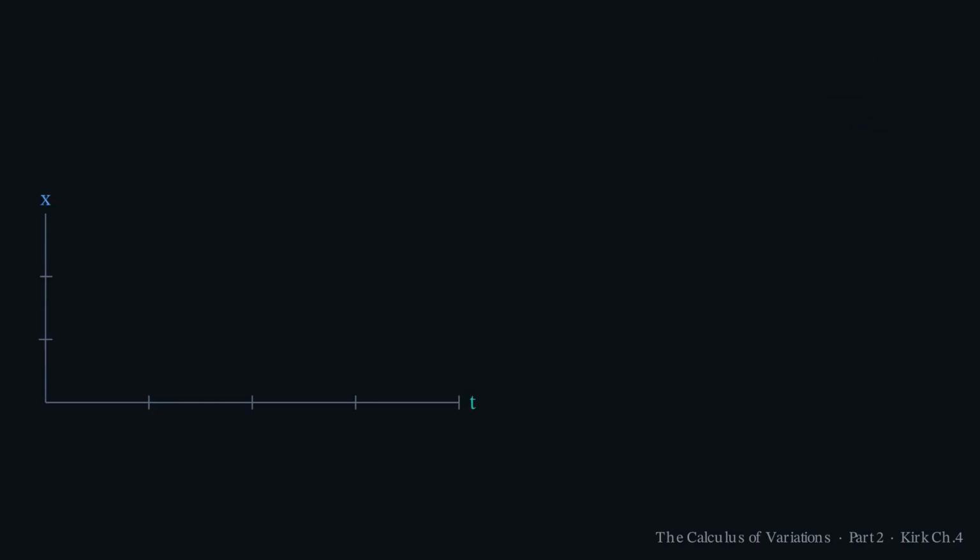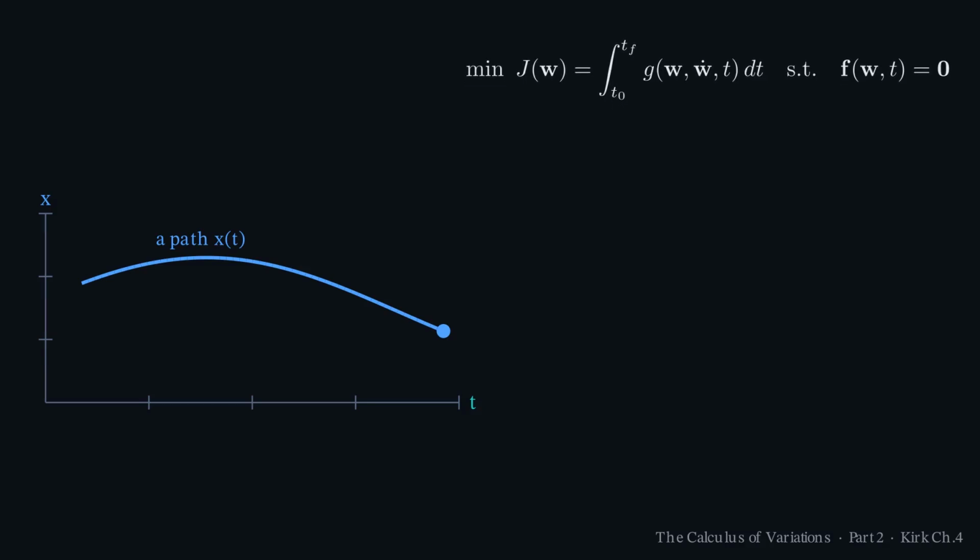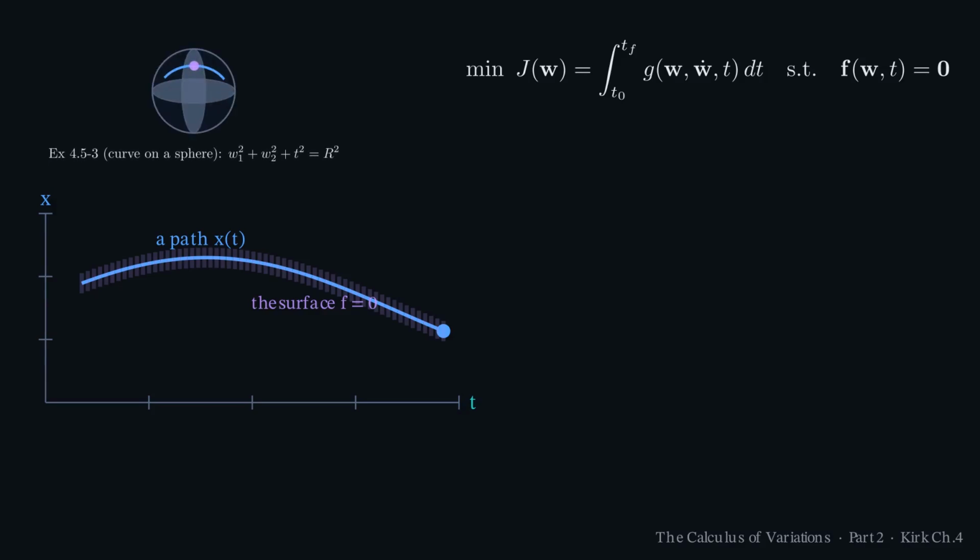Now lift the idea from points to whole paths. We want to minimize a functional J of a vector function w. But w is chained by a constraint that must hold at every instant. f of w and t equals 0. A point constraint, like forcing the path to live on a surface, a bead on a bent wire.